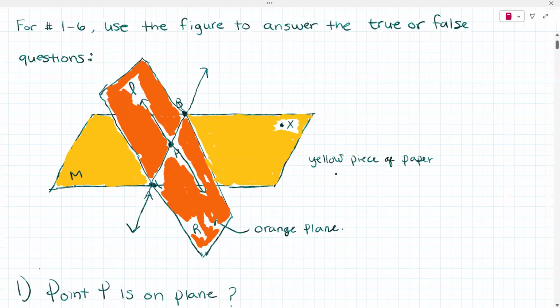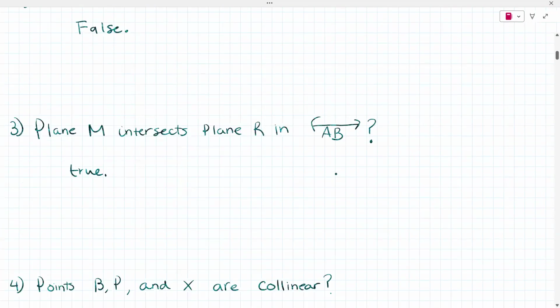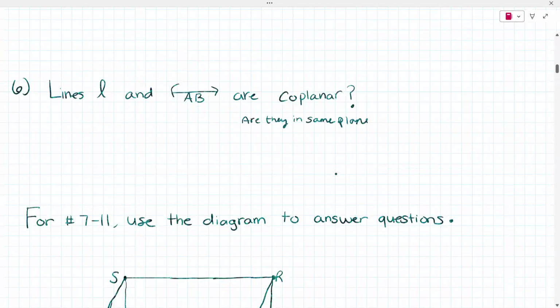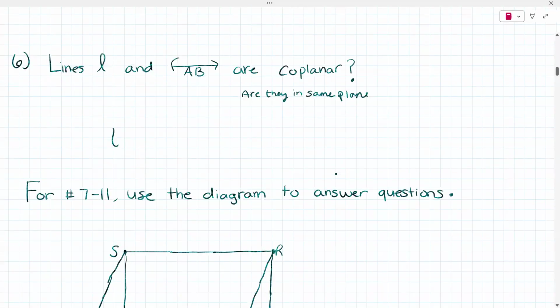Here's line L, and ray AB. Are they in the same plane, or coplanar? Yes, they're both on the orange piece of paper. So yes, true.